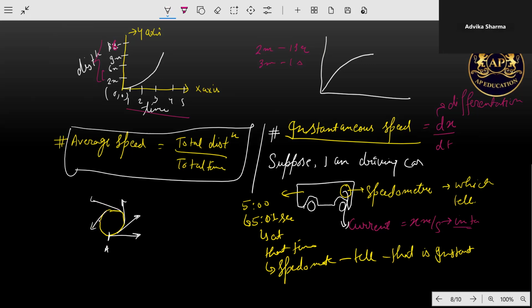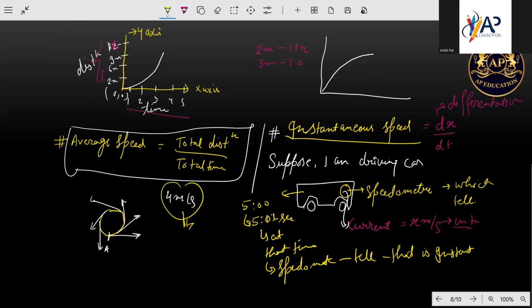Suppose an object covering a circular path has a speed of 4 meter per second, which means its magnitude is constant. Its magnitude is constant during the circular motion, but its direction is always changing. When we cover this type of path, there is a direction change, and here is also a direction change.